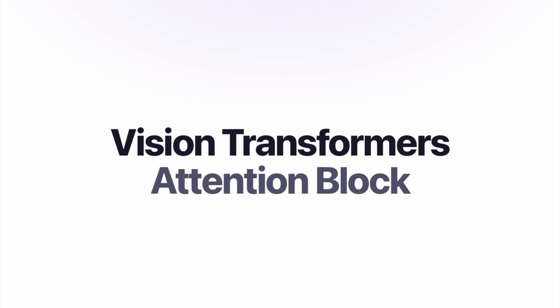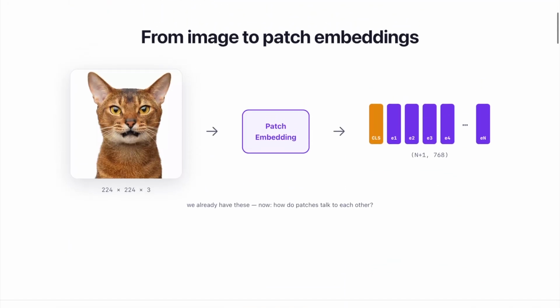So let's get started. A quick recap of everything that we learned in the patch embedding video. We learned that we converted an image into vectors to represent a particular patch of an image.